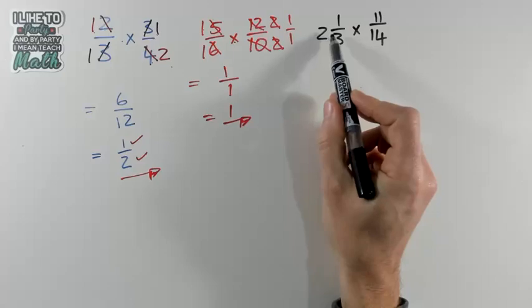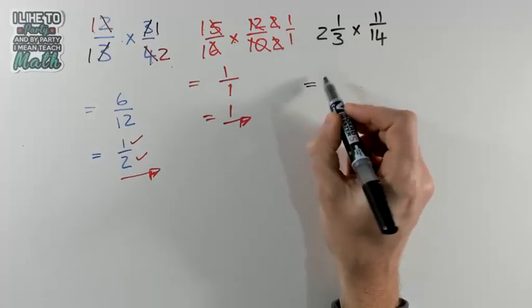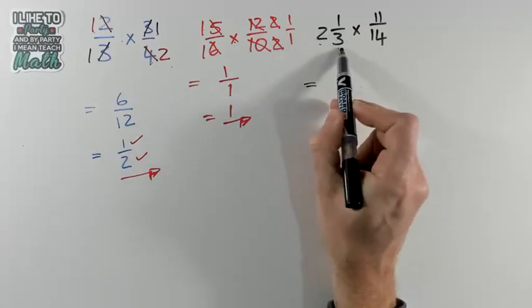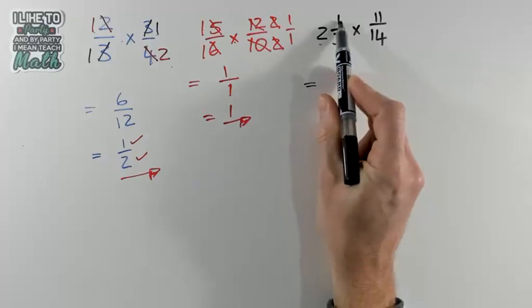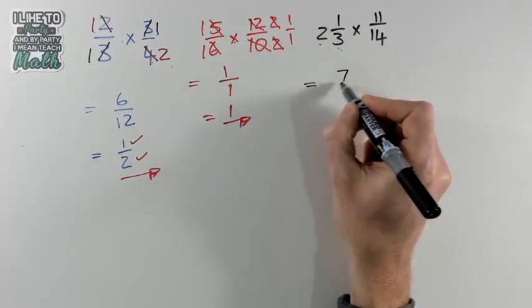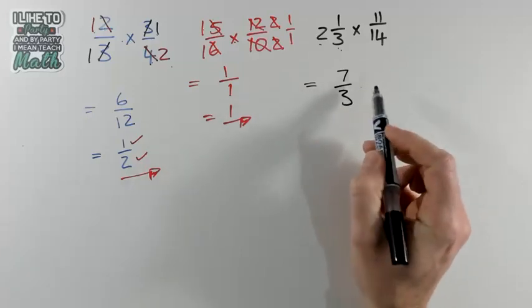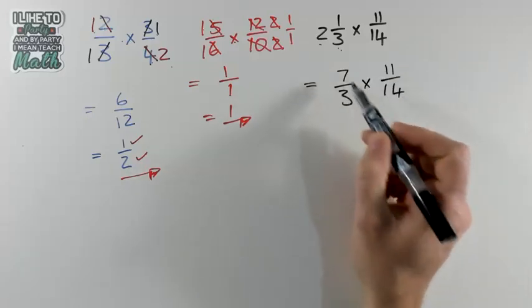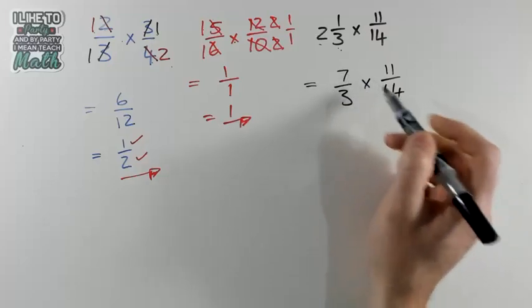So first of all, we want to make the mixed number an improper fraction. We do that by multiplying the whole number with the denominator, so 2 times 3, and we add the numerator. So 2 times 3 is 6, plus 1 is 7 over 3, and we can already see something magical is going to happen because we have a 7 at the top and the 14 at the bottom.